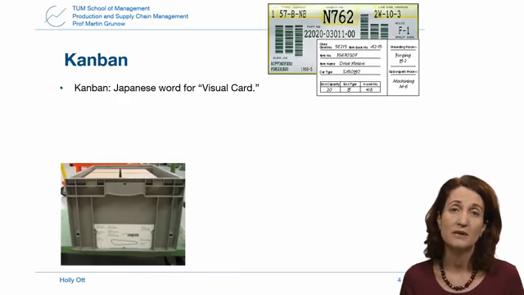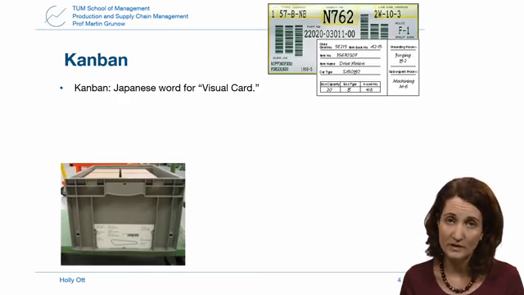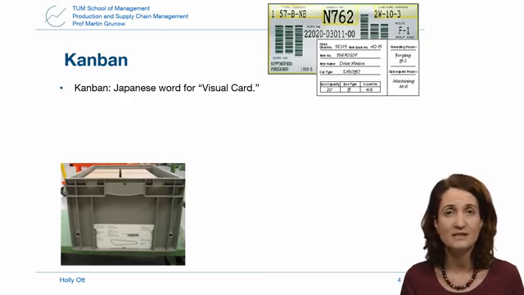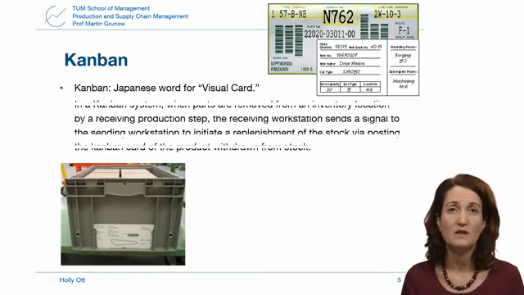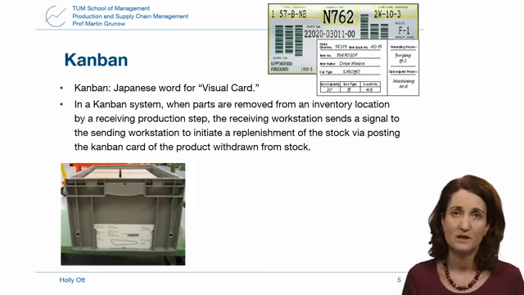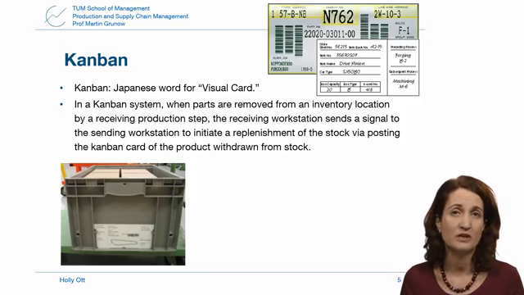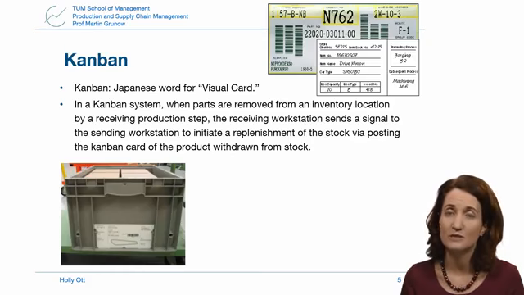And often the Kanban is placed in the bottom of a container. And when the material in the container is used up, then the card is taken out and inserted on the side of the container. Now, in a Kanban system, when parts are removed from inventory location by a receiving production step, the receiving workstation sends a signal to the sending workstation to initiate, as we said before, a replenishment of the stock.